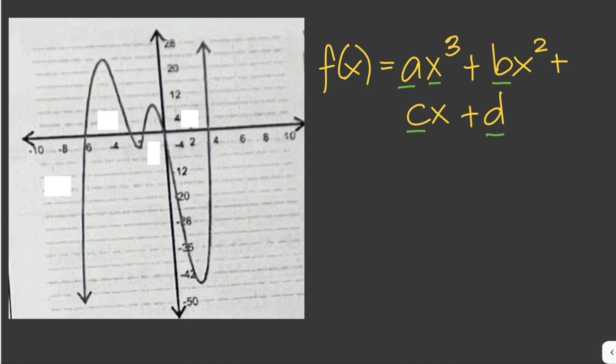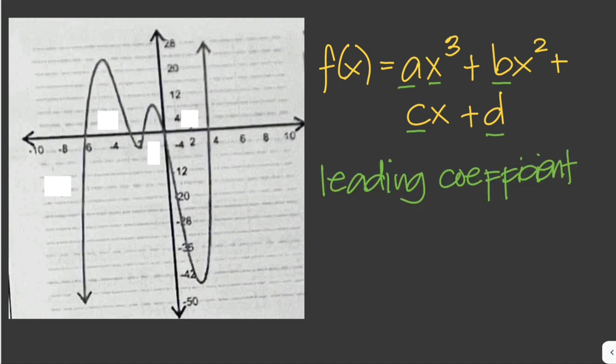And d here is a constant. Now, the leading coefficient is found with the variable that has the highest exponent. So in this given function, the variable that has the highest exponent is the first term, x cubed. Therefore, a here is the leading coefficient.